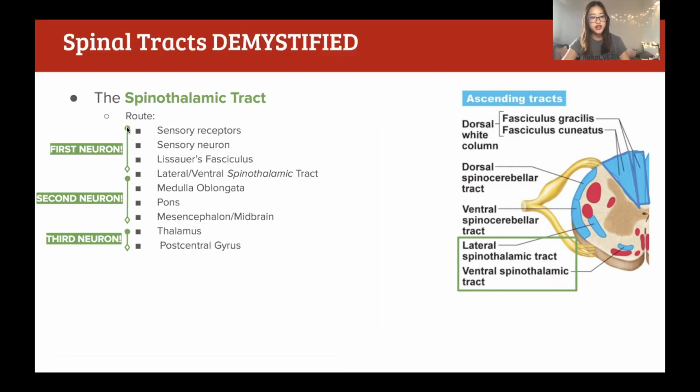So you can see the first neuron goes from right here in the sensory receptors all the way up to what I believe would be the lateral/ventral spinothalamic tract. This would go all the way up once again to the thalamus. And then from the thalamus, the third neuron goes all the way up to the postcentral gyrus.